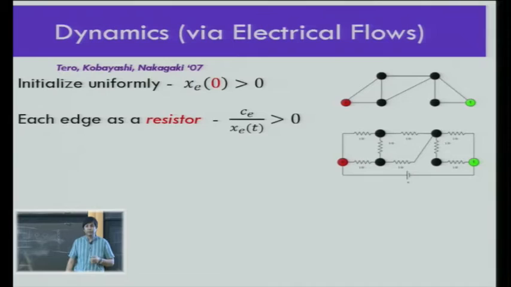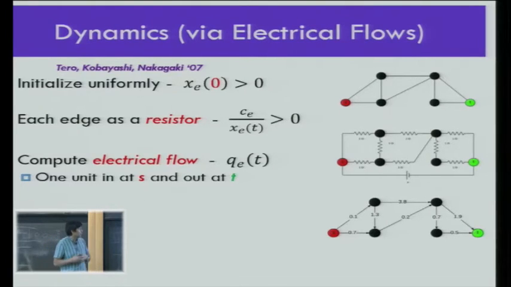So in our instances, we assume that the costs are positive, and also these numbers x sub e to be positive if all this has to make sense. Once you set it up as a resistor network, you naturally compute an electrical flow, which we will use q sub e to denote, the amount of electrical flow in that edge once you have 1 unit of current in at S and 1 unit out at T.